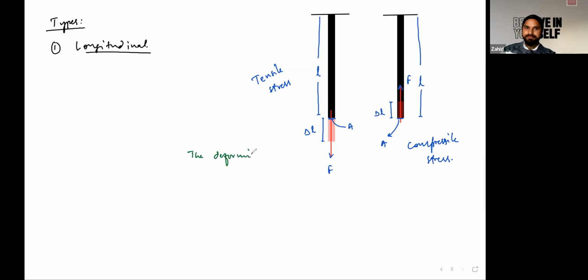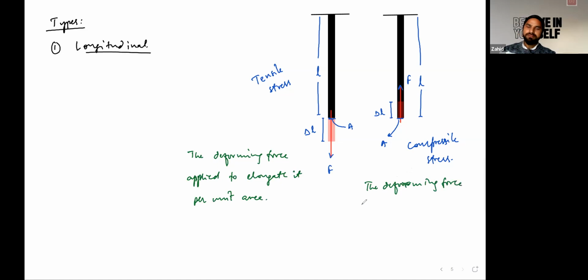Similarly, compressive stress is to compress it, so it will be the deforming force applied to compress it per unit area. In both these terms, there is only a change in direction and nothing more.